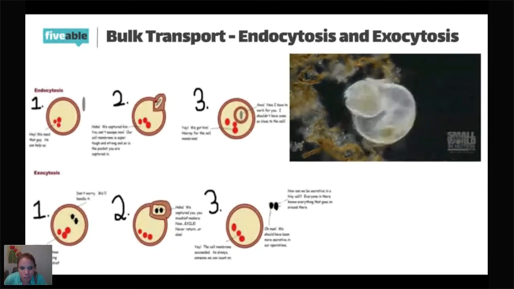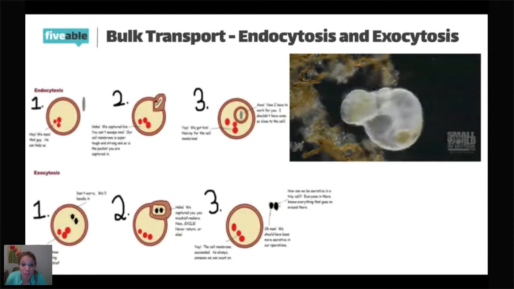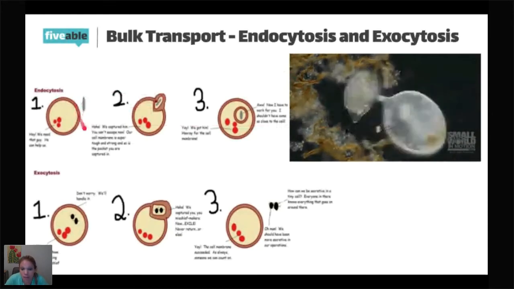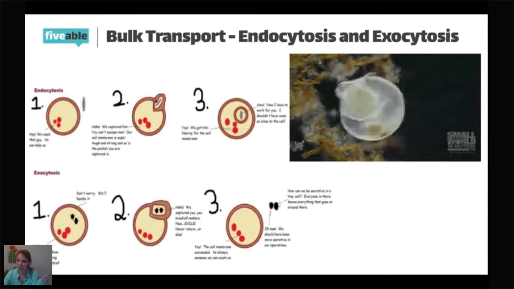That's bulk transport. You can see it over here with endocytosis, because this is an example of endocytosis. This foreign particle could be another cell, it could be some giant food molecule, it could be a lot of different things. It can be anything that's big, basically.